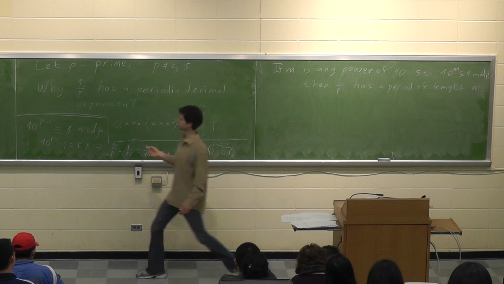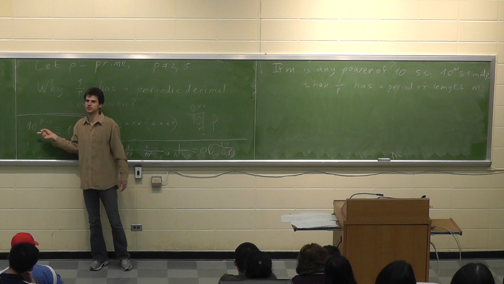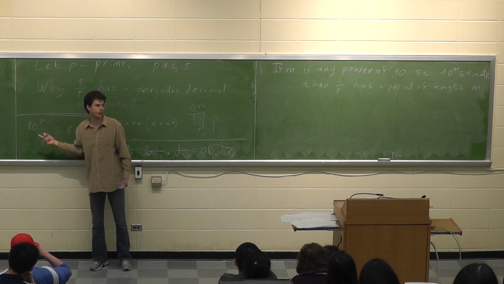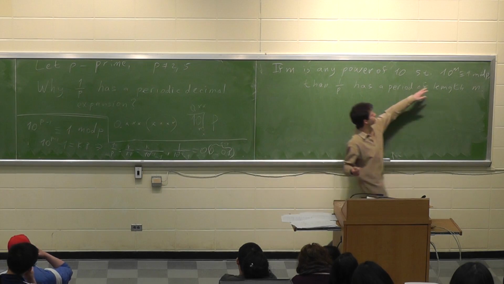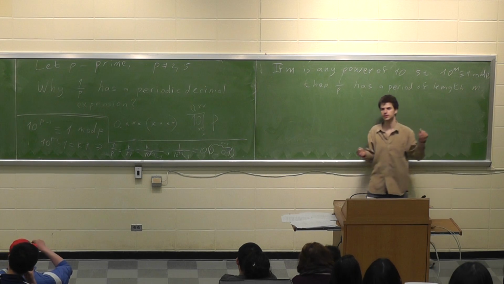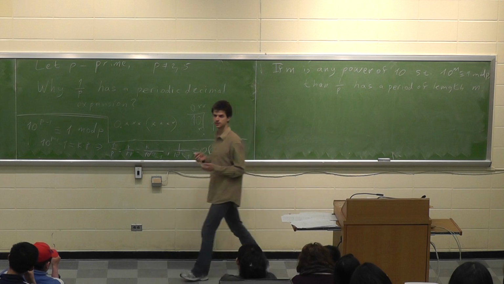So basically, we never use the fact that this exponent is exactly p minus 1. It could be any power with the property that 10 to the power m is congruent to 1 modulo p. The same argument applies.